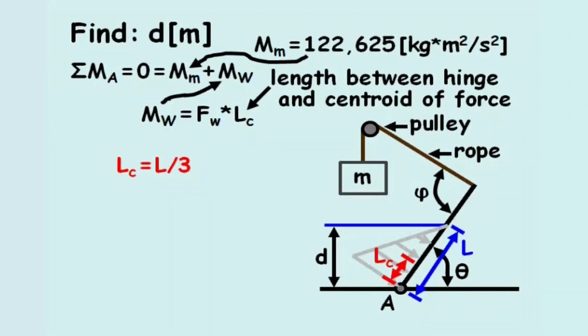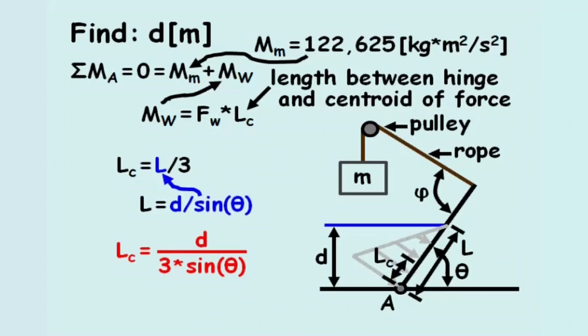And from trigonometry, we can equate the length L to the depth d divided by the sine of angle theta. After making the substitution for variable L, the variable Lc equals d divided by 3 times the sine of theta.